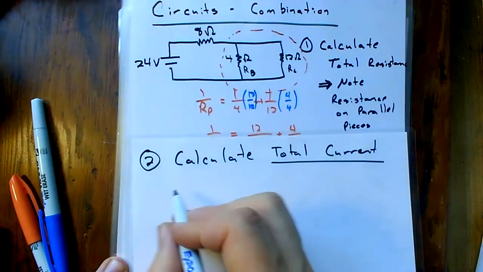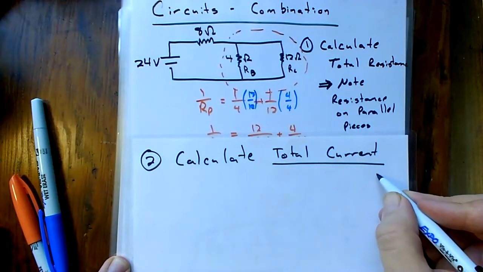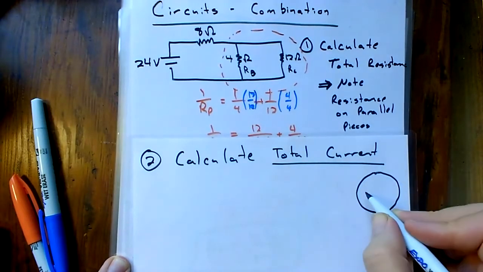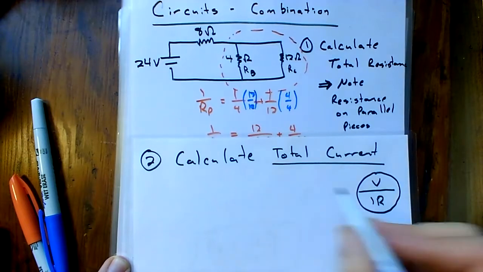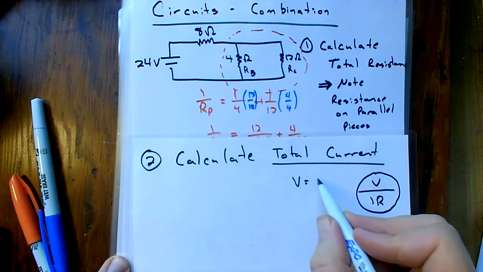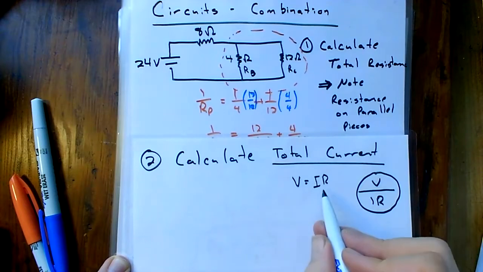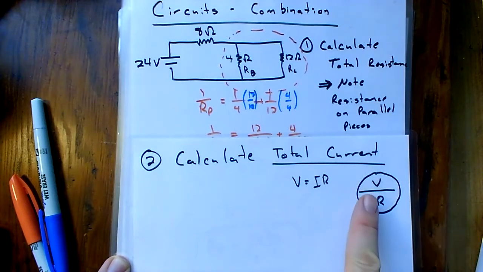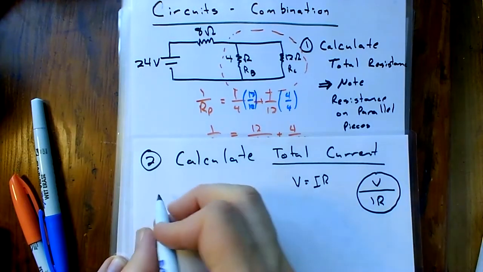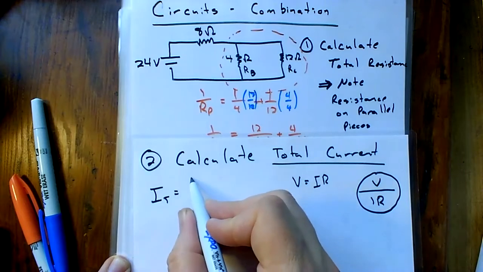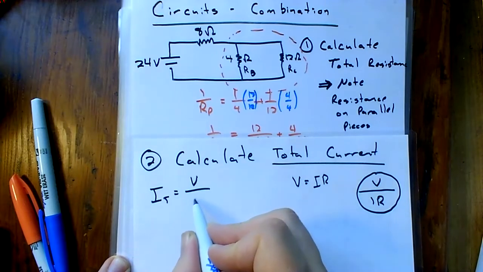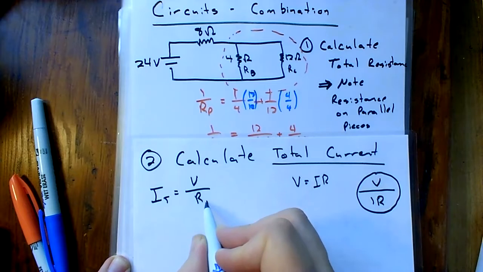This is where our Ohm's law comes in. And remember, for some folks who like this, you get V equals IR. When I'm calculating my current, that would be my voltage over resistance. So my total current is equal to my voltage over my total resistance.